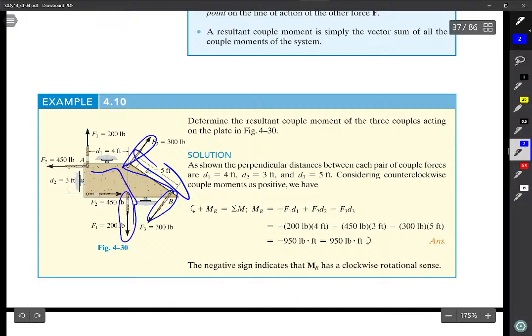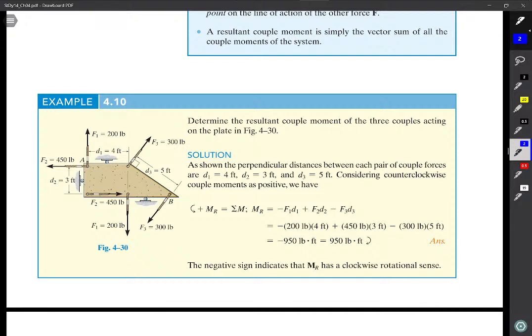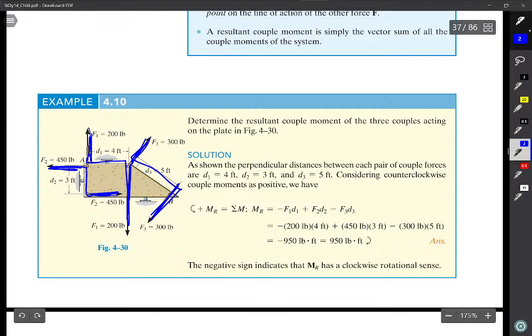This is opposing this at that distance. This one is opposing that one at that distance. So you actually have 3 couples here. You've got this one, this one, and this one. And all he does is add the 3 together.